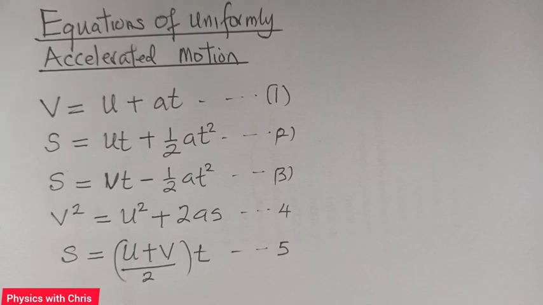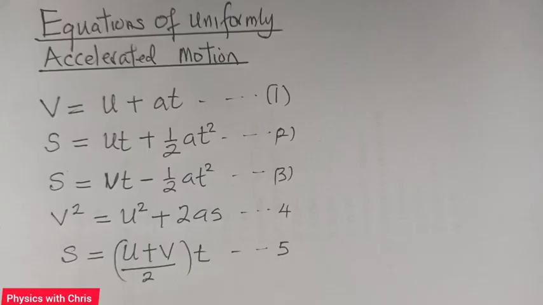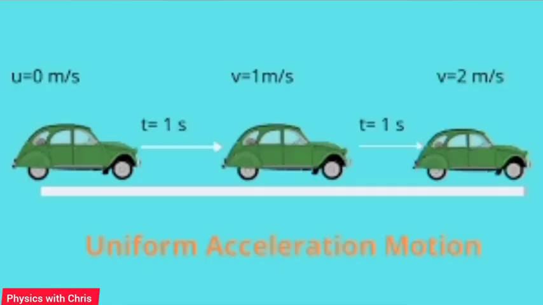So when a body moves with a constant velocity or constant speed in a straight line, its acceleration is zero because the velocity does not change. So for a body to accelerate, its velocity must change with time.